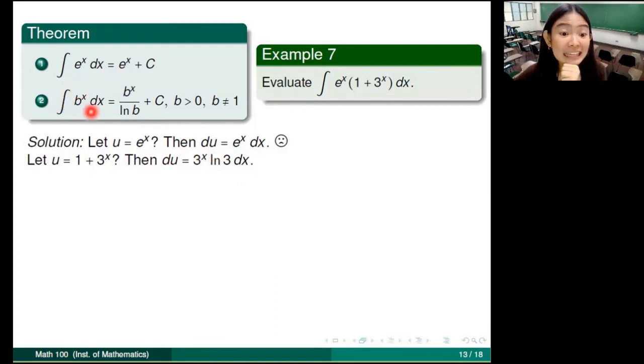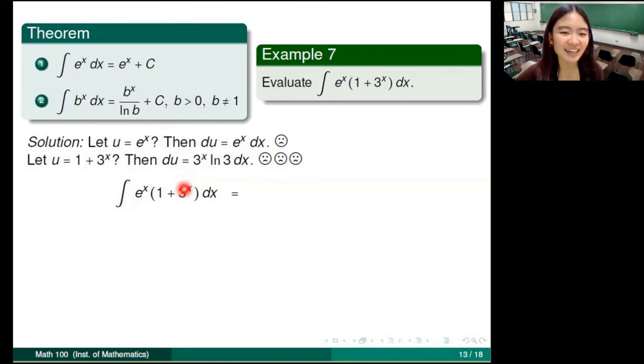Pero kapag integral ng 3 raised to x, that is 3 raised to x over ln of 3, ha. So naka-divide. So huwag lituhin ang sarili, okay? Ayun. So anyway, going back, ito ang ating du kung ito ang choose natin na u. Pero yung 3 raised to x, wala kasi siya dito eh. So hindi talaga mag-work. Sad face ulit. Hindi rin actually yung attempt natin dito.